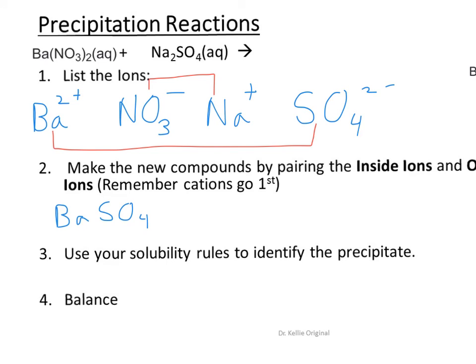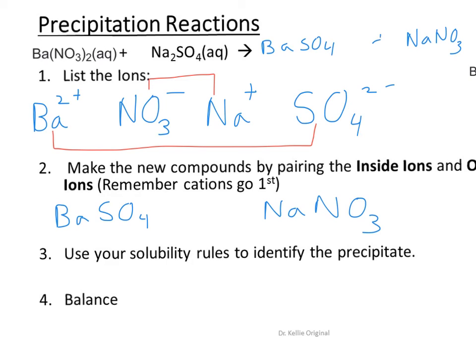Same for our sodium nitrate. Sodium's +1, nitrate's -1, so it would be a 1-to-1 ratio. Remember, cations always go first, so that sodium needs to be moved to the front. So we'd have barium sulfate, and we'd have sodium nitrate.